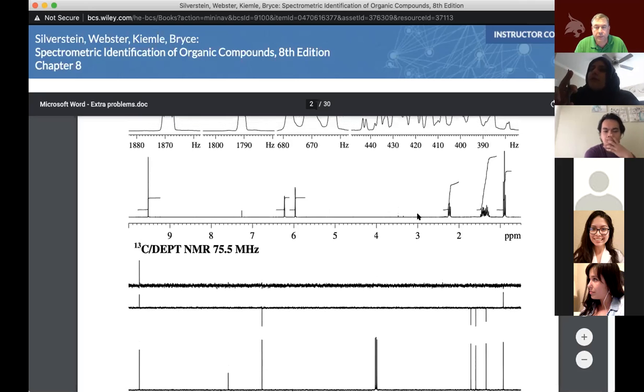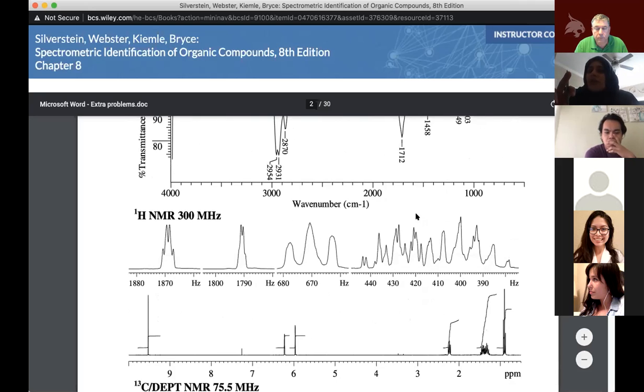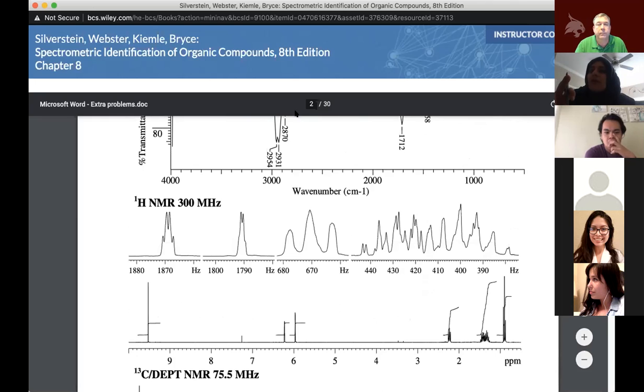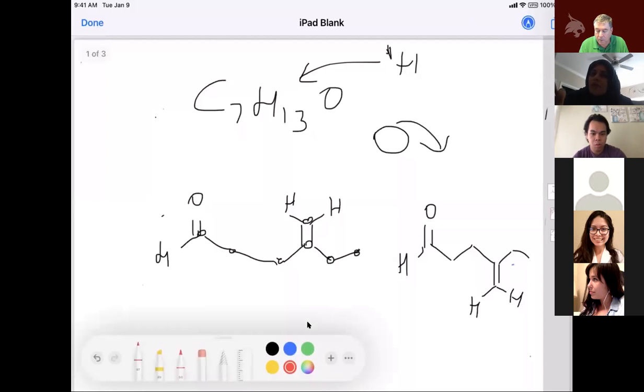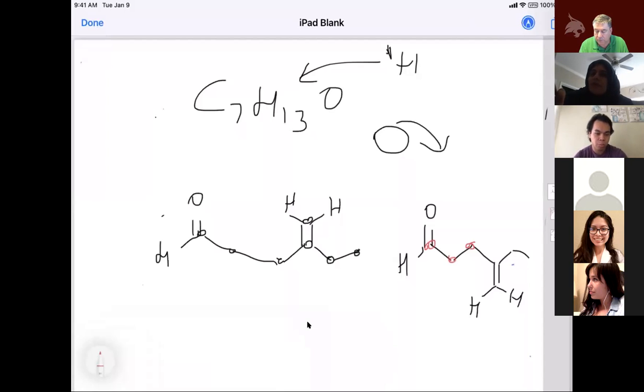If you see, can you go to the structure that you made on your iPad? So we have 7 carbons. If we make 3 carbons next to the alkene on one side. So let's see, did I count wrong? 1, 2, 3, 4, 5, 6, 7.